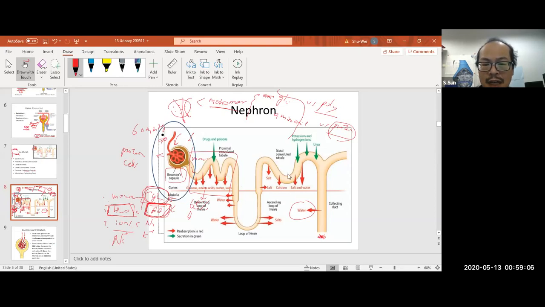In the remaining portion, the major work is the water. And here we need ADH. Earlier we learned about ADH, to reabsorb this water, because water is also very important. Otherwise, water will be peed out. So that's that. Any questions?